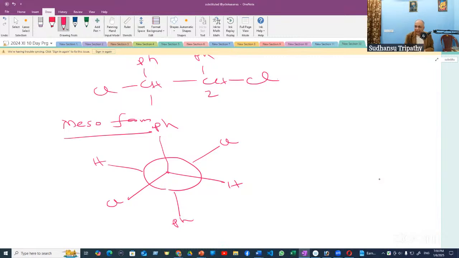If you are asked how many diastereomers, then enantiomers will not be considered. But if all are different, then you will say 3 rotamers. They are rotamers. They are not diastereomers. I'm so sorry. They are rotamers. They are one and the same, meso. I'm so sorry. But out of the 3 rotamers, 2 may be enantiomers.